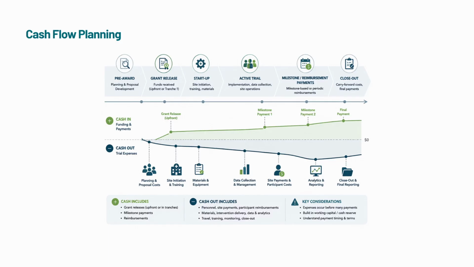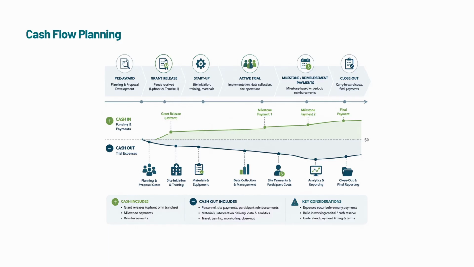Even when the total budget is adequate, the timing of money can create problems. Trials often spend money before funds arrive. Pre-award planning, staff hiring, site initiation, training, materials, and data setup may happen before reimbursement or milestone payments are released. That is why cash flow planning matters a lot.